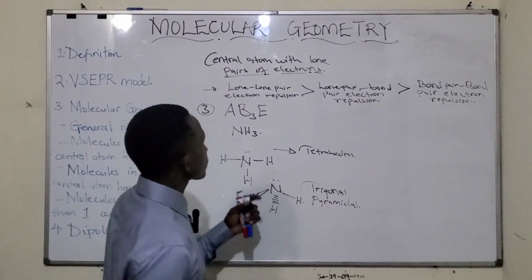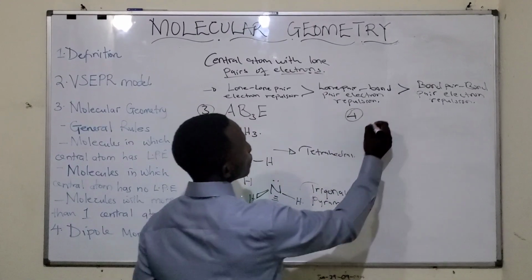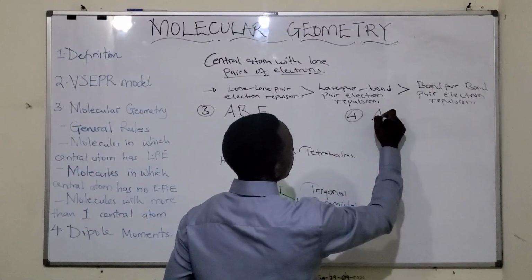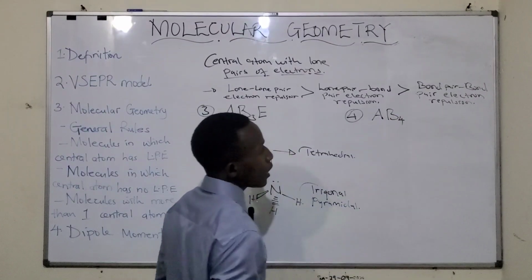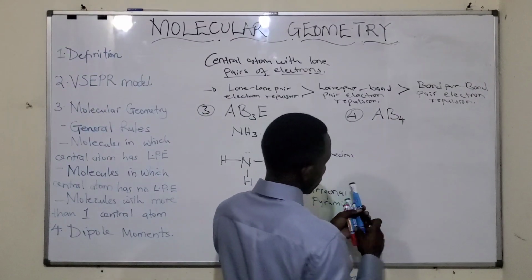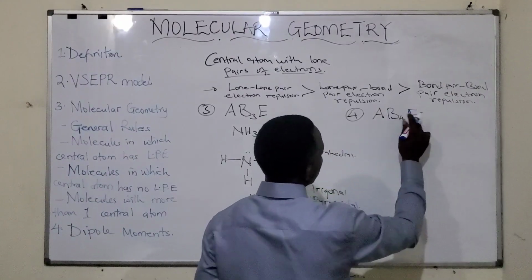Another example, if we have a central atom connected to 4 other atoms with one lone pair of electrons on the central atom.